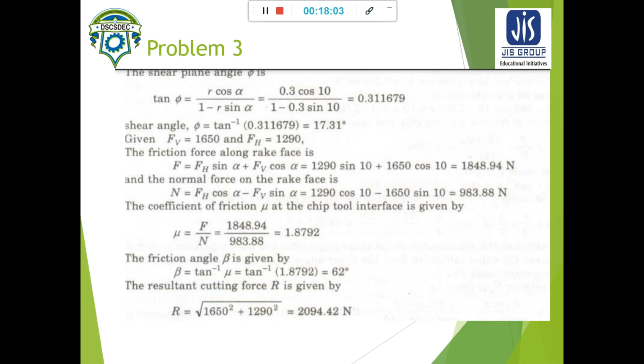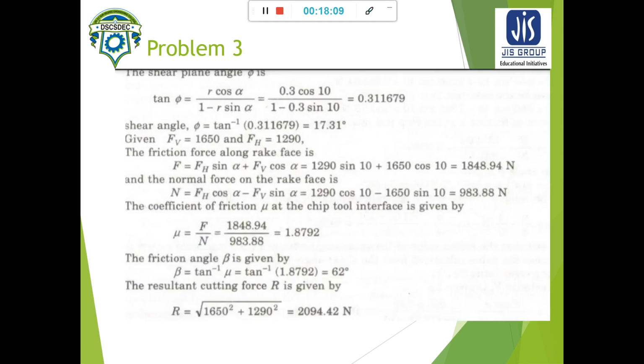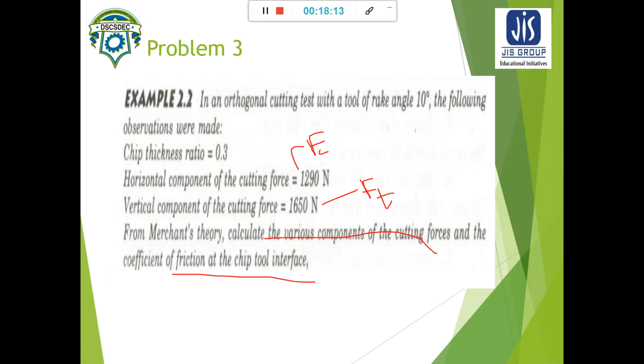So first we will find out the shear plane angle. In this type of question you have to find out all the angles.